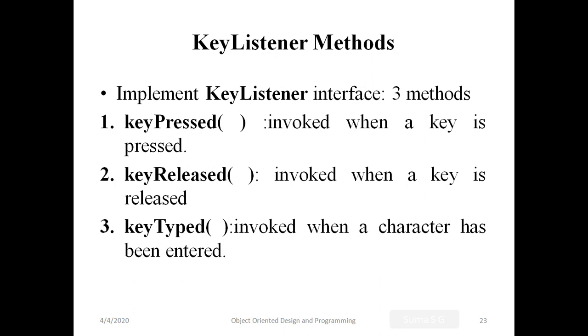Now keyReleased is invoked when a key is released. keyTyped is invoked when a character has been entered, or you can say that when general keys like A to Z or 1 to 9 are pressed or typed, at that time keyTyped will be executed. So these are the three methods present in the key listener which you have to implement in your program.